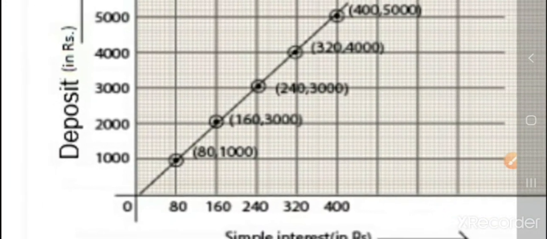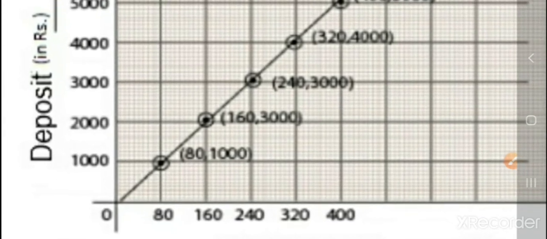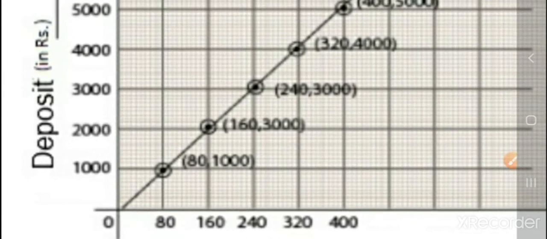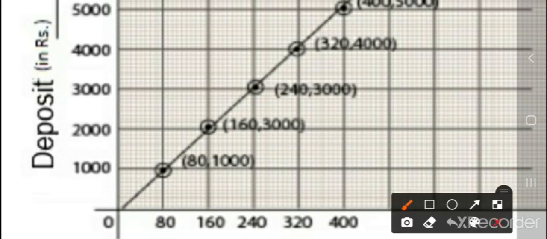Where will 280 be? Here one unit is equal to 80, so 280 means it will come in the middle, that is 240 plus 40. So it is 280.